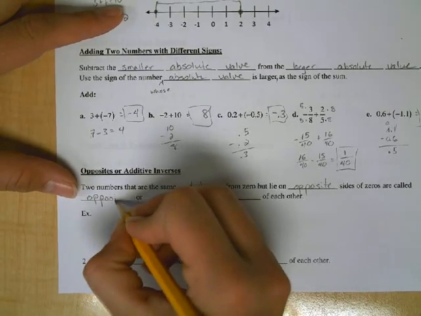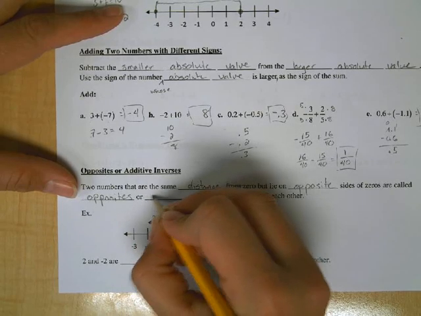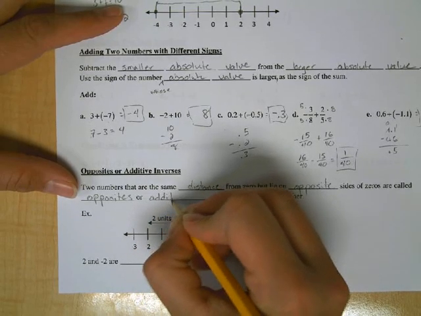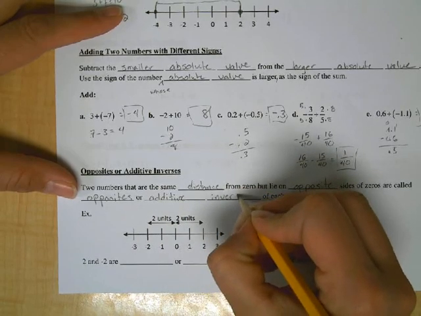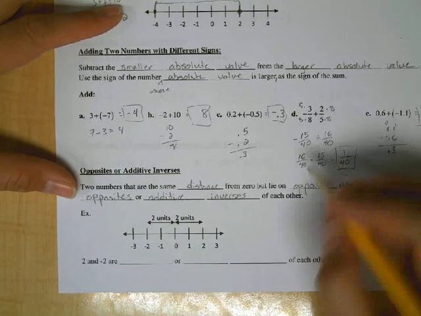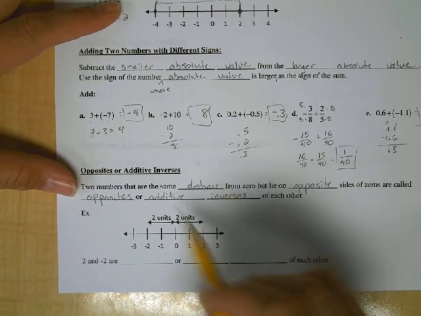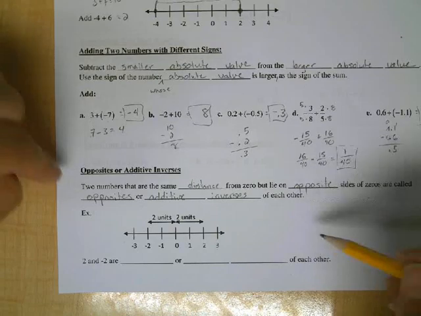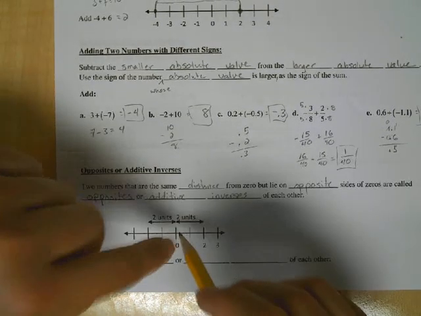They're on opposite sides of the 0, or additive inverses. If I add them together, I should get 0. Because we're talking about distance, if I add the distances together, I should get 0.